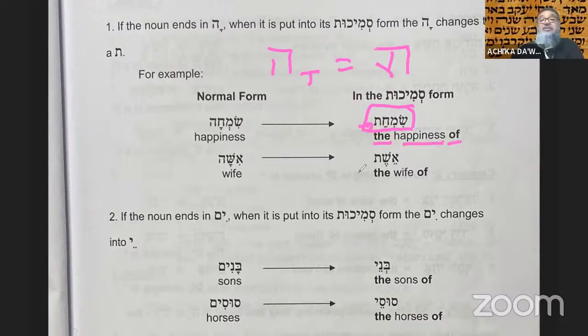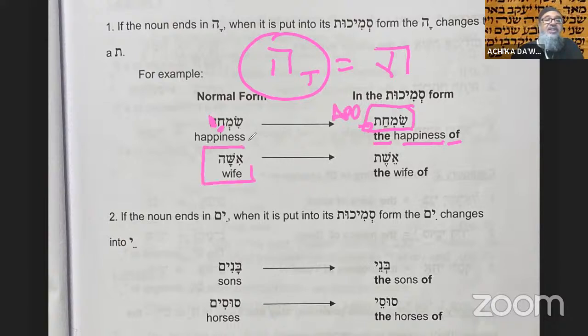Everybody get that? It's just a rule. The ah changes to a tav. The letter drops off. You get rid of this, and then you add the tav to the end.